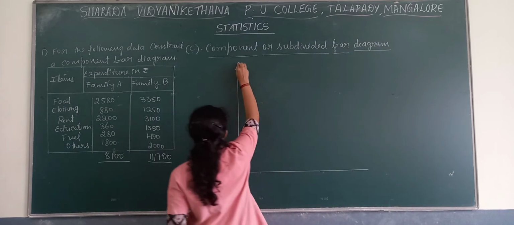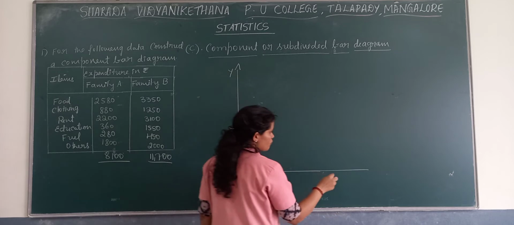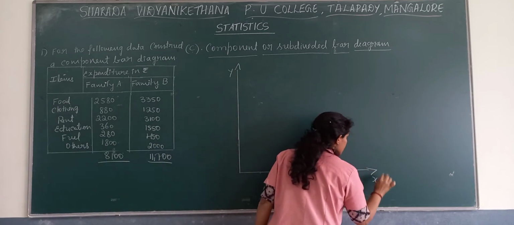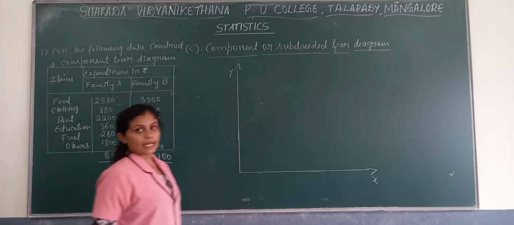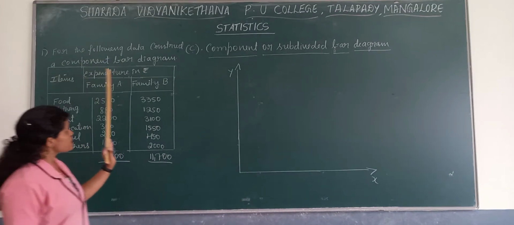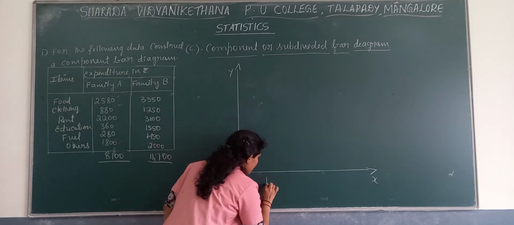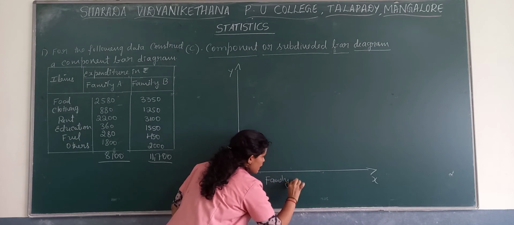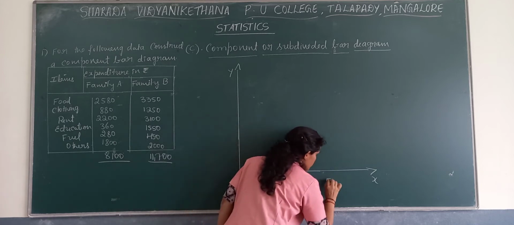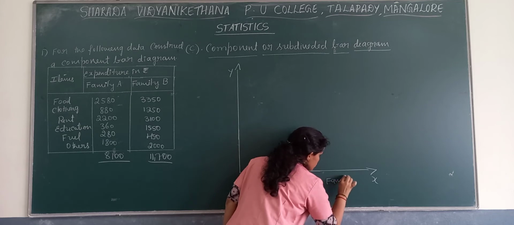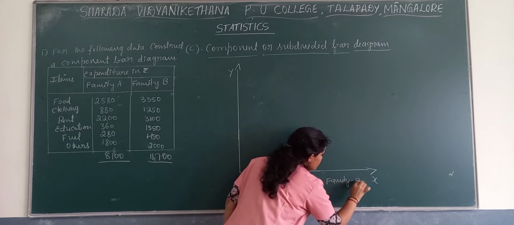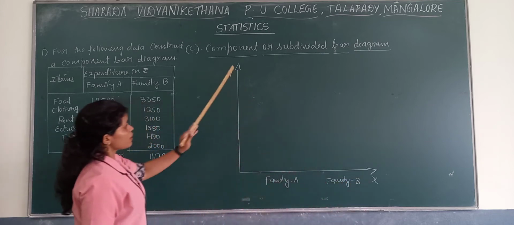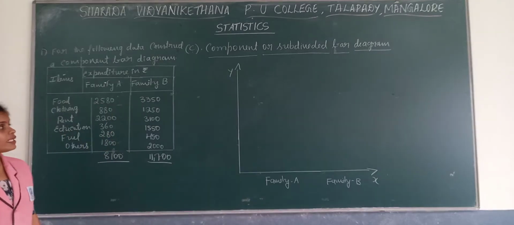Along the x-axis we represent family A and family B. Before that, we will write the table heading.